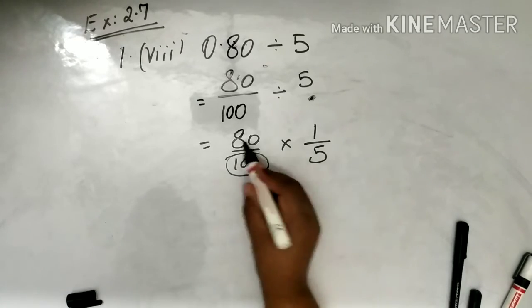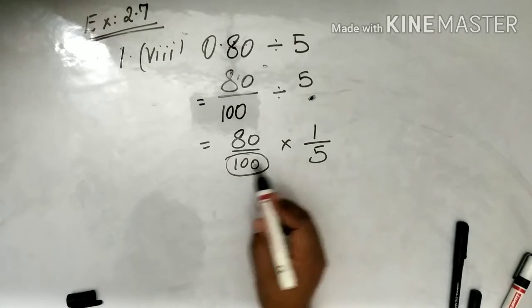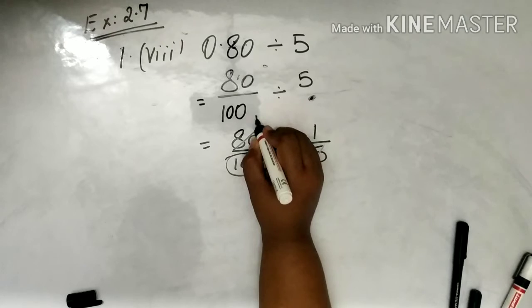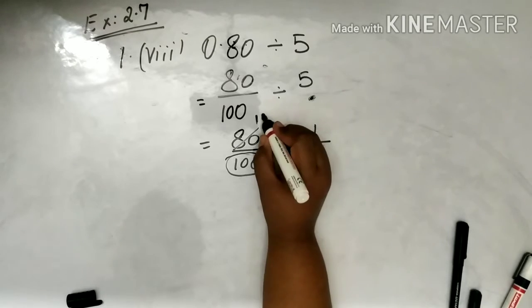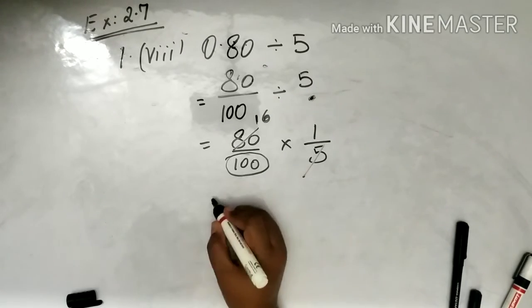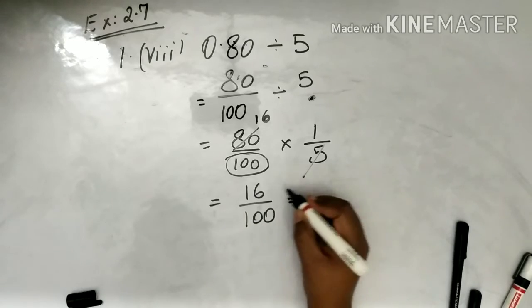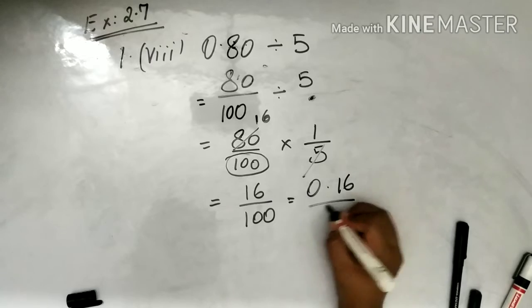So solve these 2 first. Maximum you have to try to solve these. You can solve this as 5 1s are 5, and then you will get the remainder as 6, so you will write it as 6. So you will get the answer as 16 divided by 100, and that can be written as 0.16.